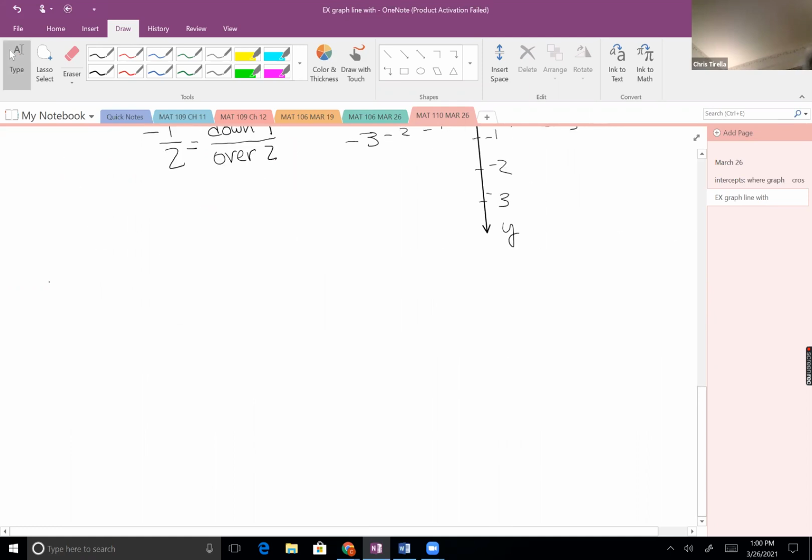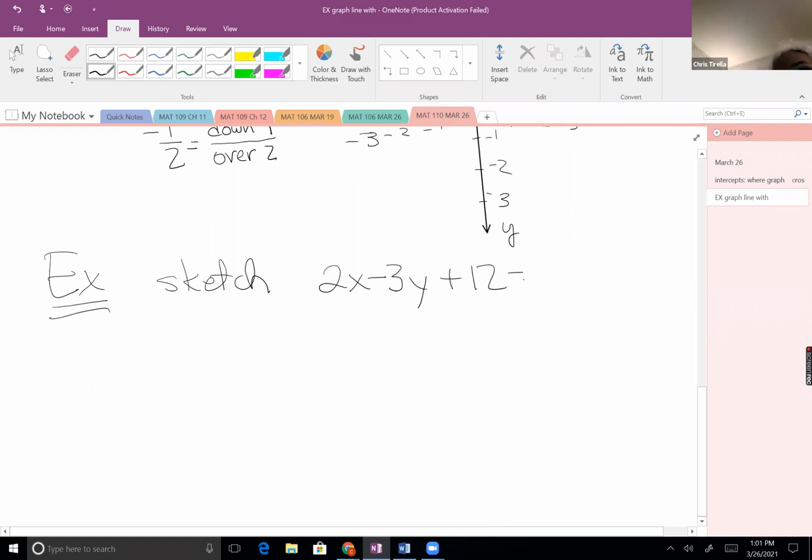Let's have you folks try one. Let's sketch 2x minus 3y plus 12 equals 0 using the slope intercept method.